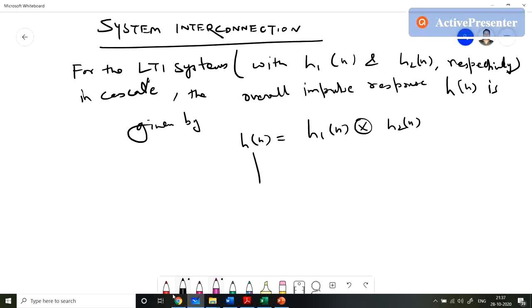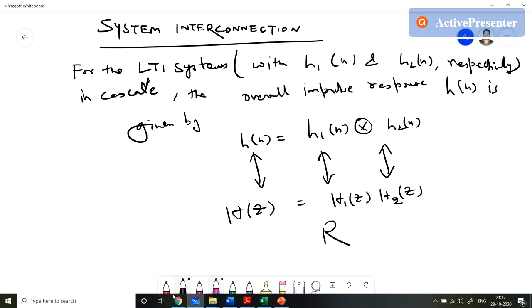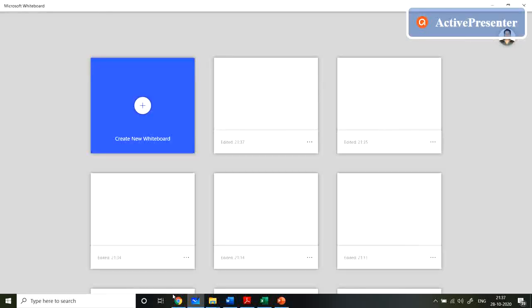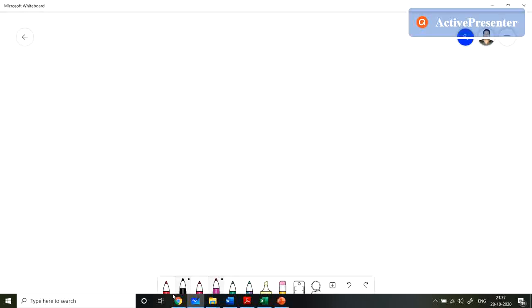If we find the Z transform, we get H(z) equals H1(z) multiplied by H2(z), and the ROC is basically R1 intersection R2.